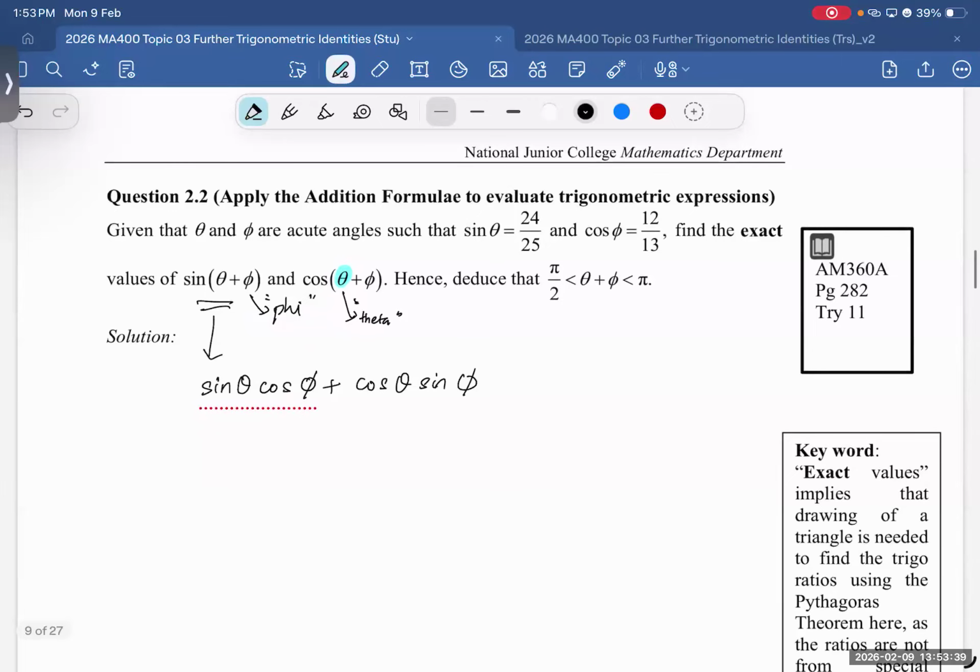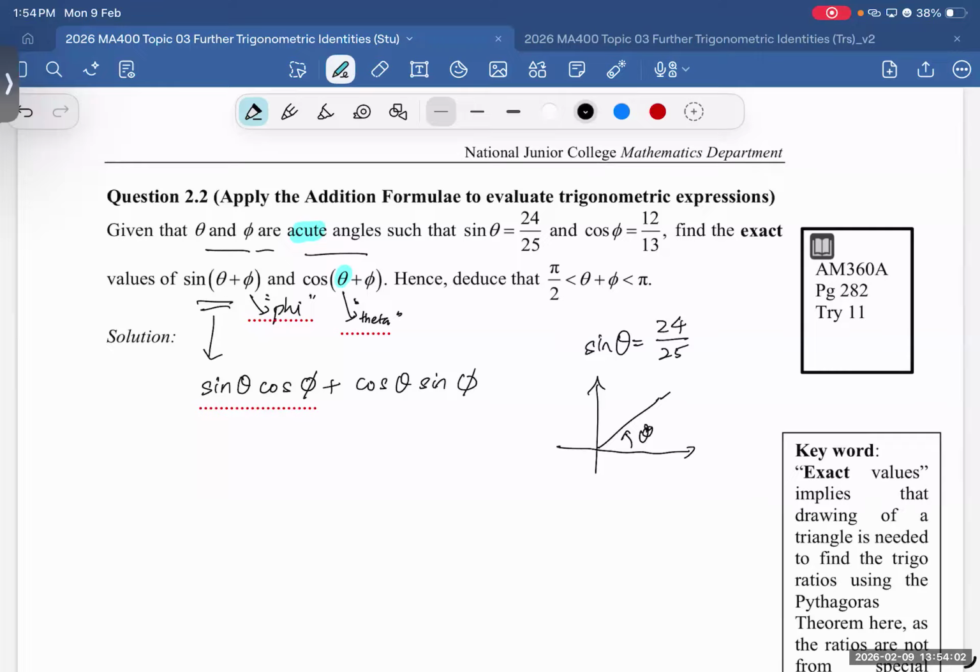Now, if theta and phi are acute angles, and sin theta is equal to 24/25, which quadrant are they in? If they are acute, they are in the first quadrant. This is their biggest hint to you. Theta is over here.